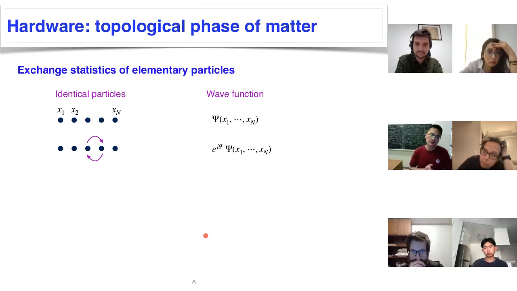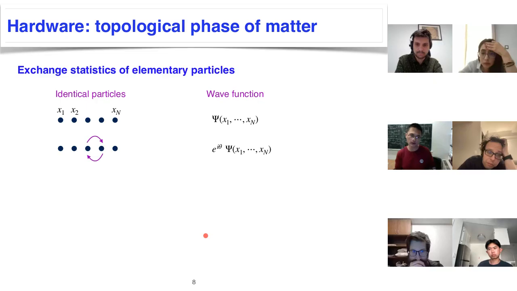Okay, so let's consider some identical elementary particles located at, let's say, the positions x1, x2, up to xn. Such a configuration is represented by a wave function, psi of x1 through xn. Now, because they are identical, if we swap the labels of 2 particles, then they should represent the same configuration, which means they should be represented by the same wave function up to a global phase, e to the i theta.